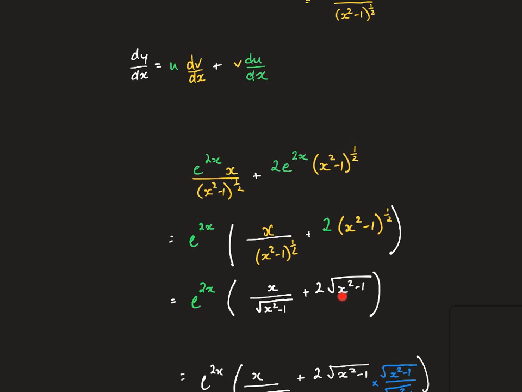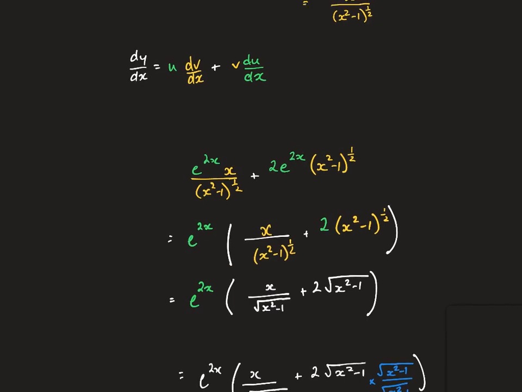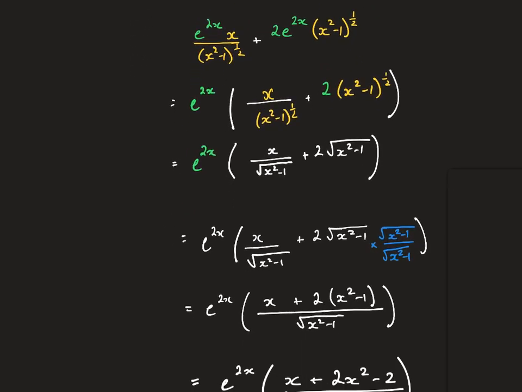And then I'm going to write these two terms with a common denominator. So to do that, I need to multiply the second fraction by the square root of x squared minus 1 over the square root of x squared minus 1, which means these two multiply, which gives me 2 times x squared minus 1, because the square root of a times the square root of a is just a.